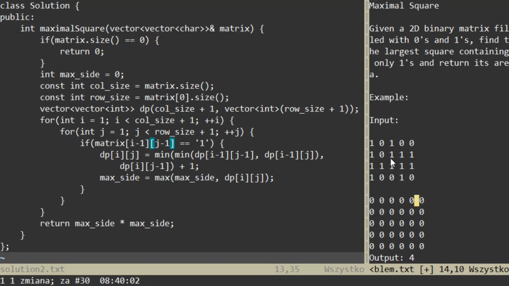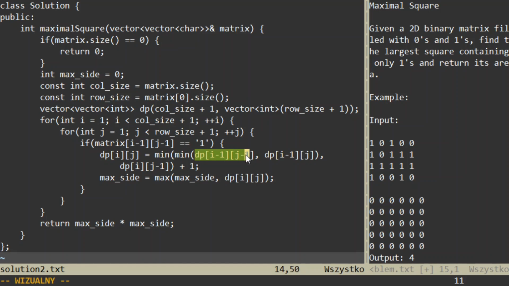So we will fill this matrix, this integer matrix, with the end of the square. For example, we are starting here from this point because we are starting from 1, and if the point at minus 1 is 1, so yes, there is a 1 here, we take the minimum of this, this and this.